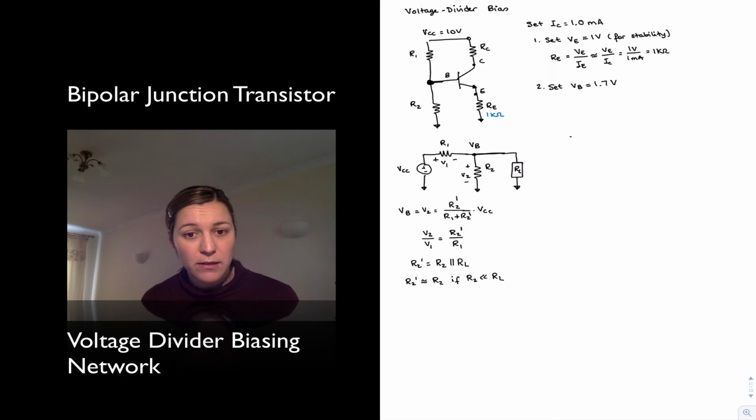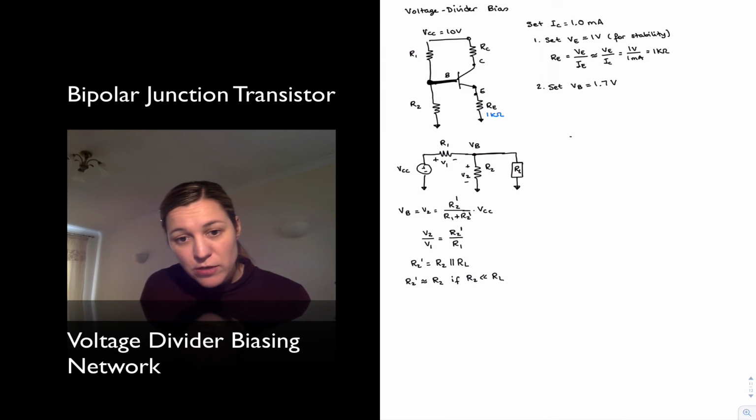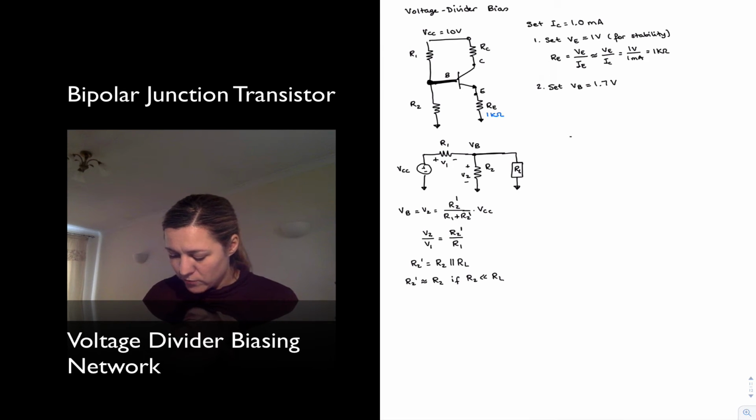But what is RL in our case? Well, RL is going to be the resistance looking into the base of the transistor. Now, if you recall, for resistance calculations, the transistor sort of acts as a lens.